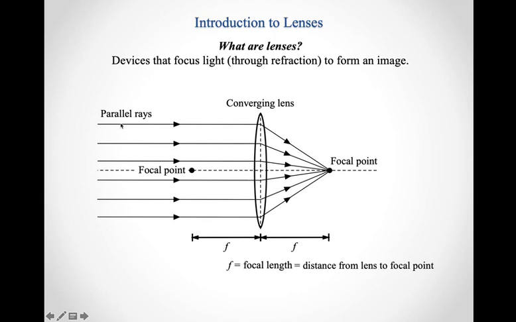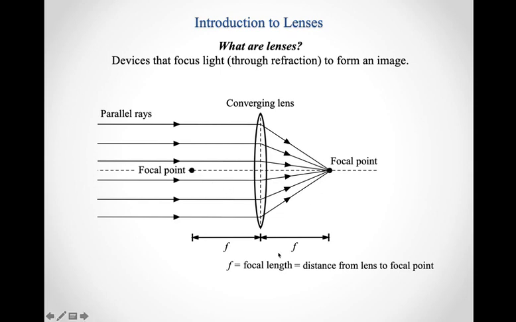And so what you see is all of our light rays are initially coming in parallel to the principal axis. They hit the lens, bend due to refraction as they come through. If they entered as parallel rays, they will all end up converging on this focal point. So notice there are two focal points for each lens, one on each side.